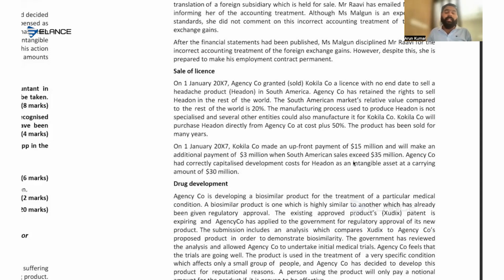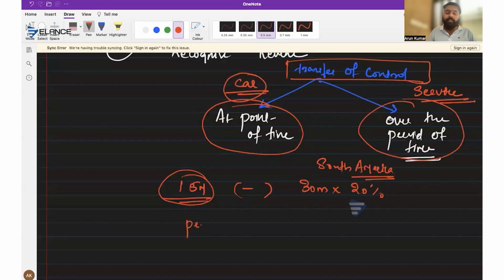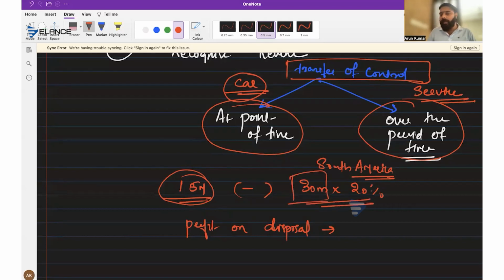15 million. Can I take the 3 million? No, that's a variable amount. We cannot recognize it right now. We can recognize that in the P&L when that criteria is met. Okay. So for the time being, what will be the profit on disposal? 15 million minus the carrying value of 30 million, out of which we are only selling 20%.